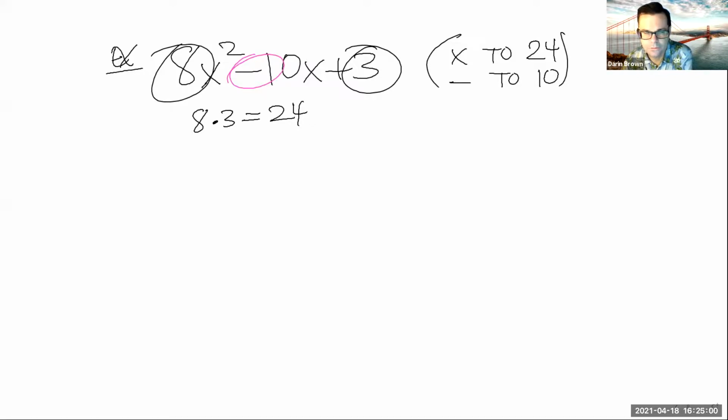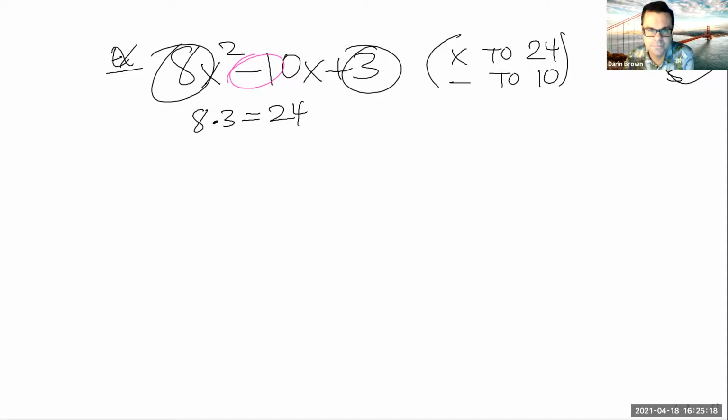Okay, so 24 factors a number of different ways. So you might think, oh, what about 8 and 3? Well, the problem is there, the difference is 5. So that means these 2 numbers are too far, are actually, sorry.